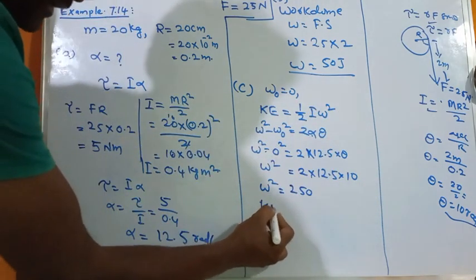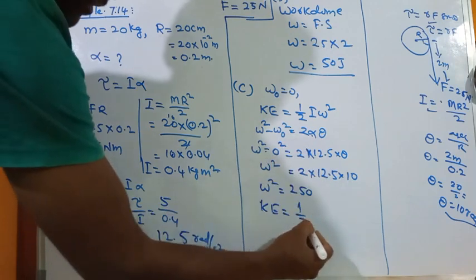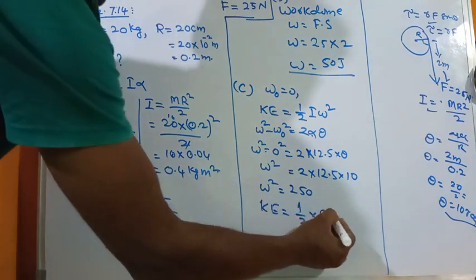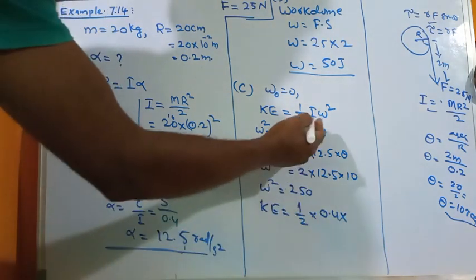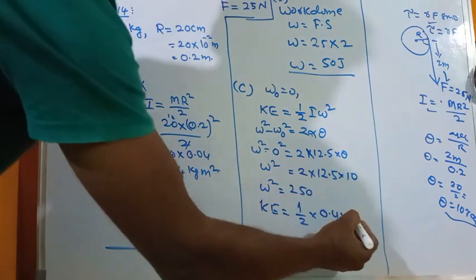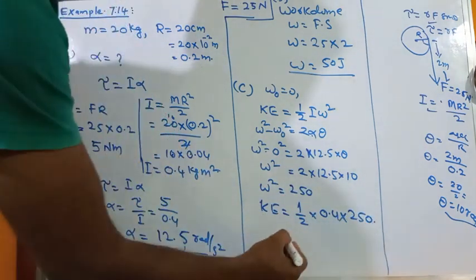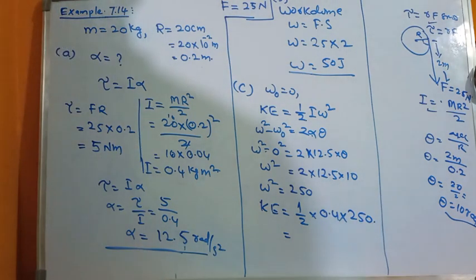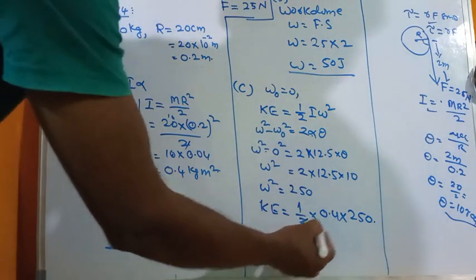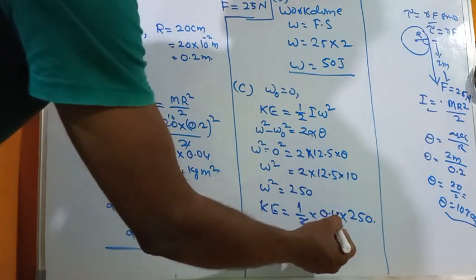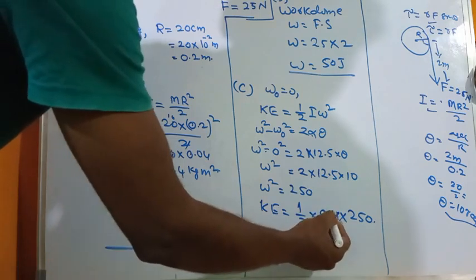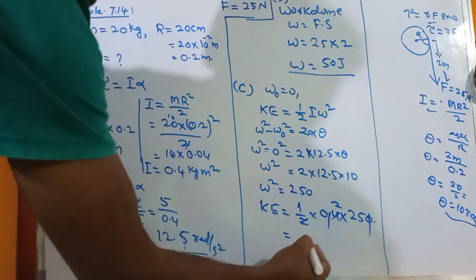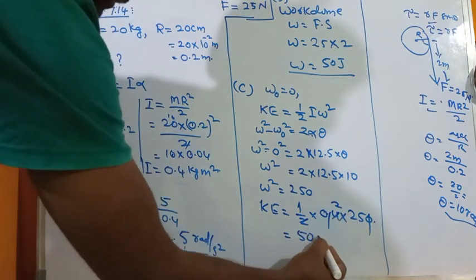If omega square is equal to 250, then substitute here. Kinetic energy is equal to half into I, which is 0.4, into omega square, and omega square is 250. The 0.4 and the 0 cancel, so this is 2 into 25, which is equal to 50 joules.